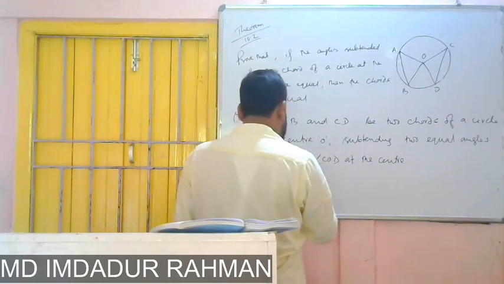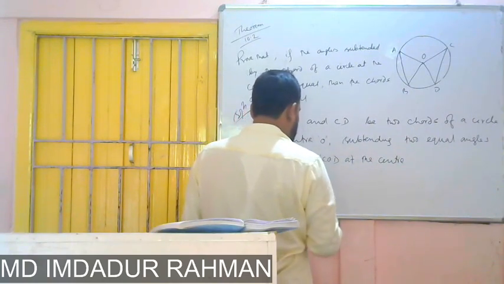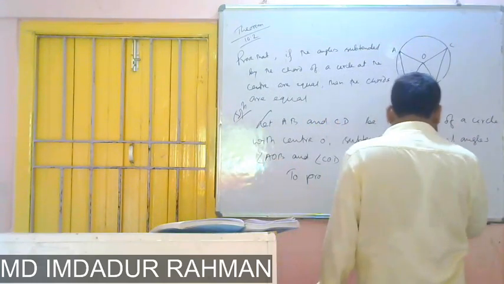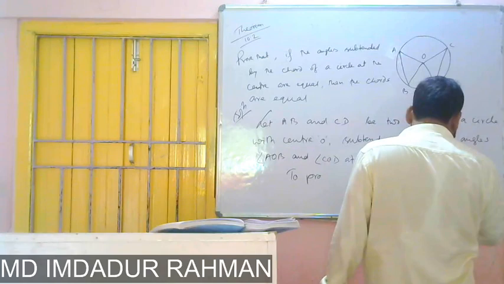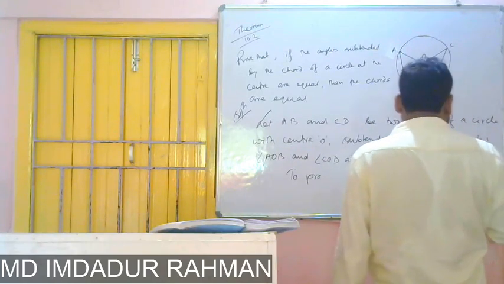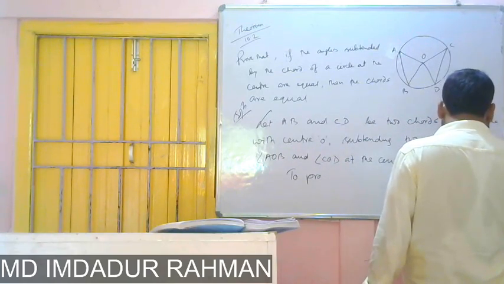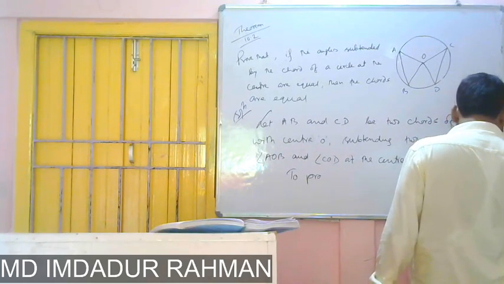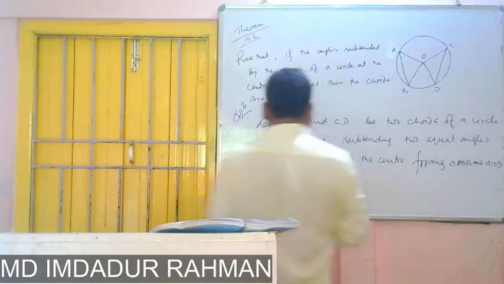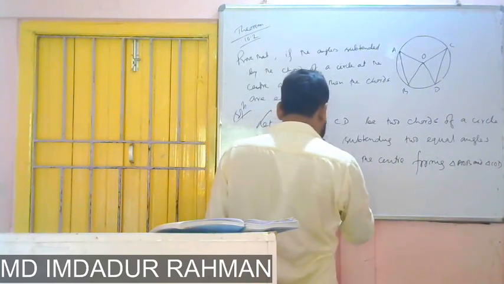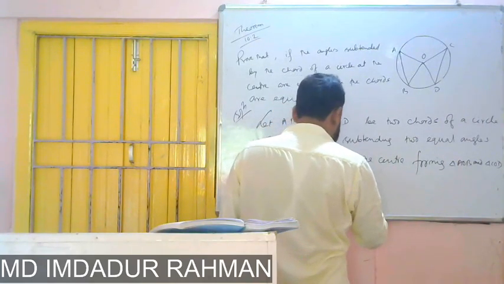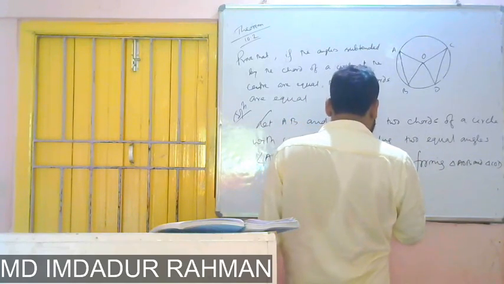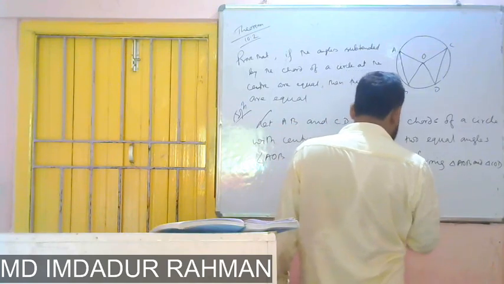To prove that, center forming triangle AOB and triangle COD, we have to prove that AB is equal to CD.